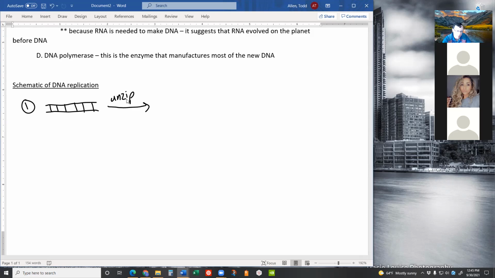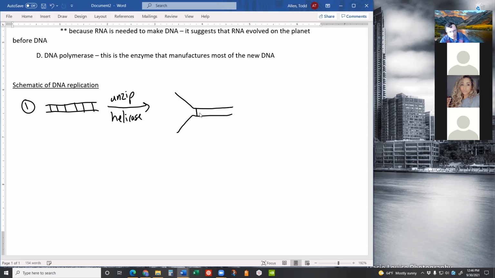Just to move this along, sometimes I'll ask questions, sometimes I'll just give you the information, but you know that the name of the enzyme that's needed to unzip the DNA is DNA helicase, right? So you're going to have a helicase enzyme that does its job. And so I'll draw a cartoony version of it, kind of like this.